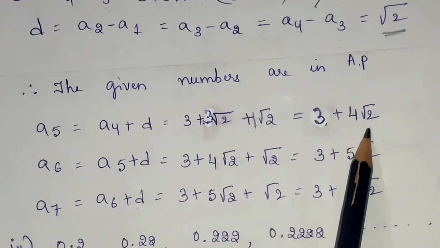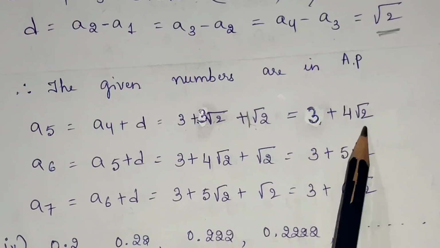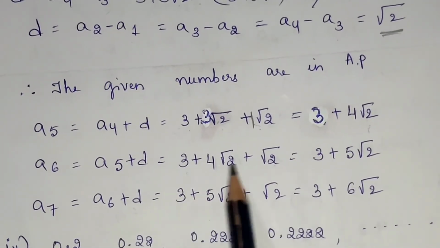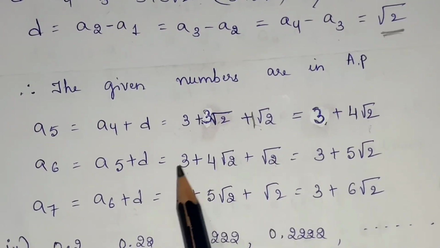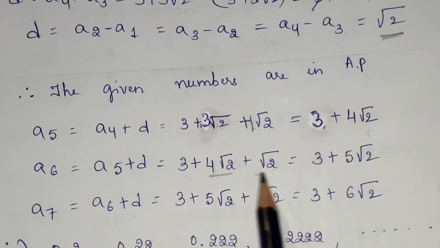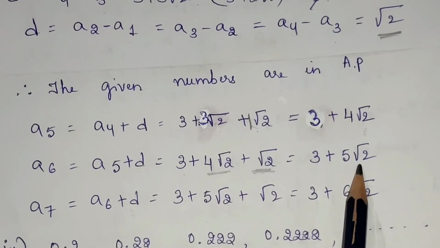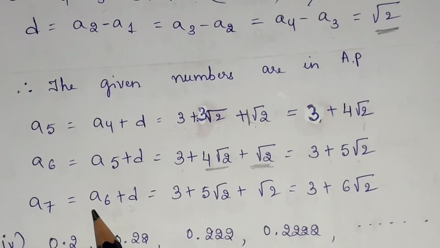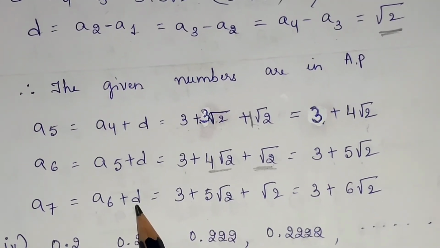That is arithmetic progression. Write the fifth term and add the common difference to it. Again you don't find a whole number, write 3 as it is and add 4 root 2 and 1 root 2, which is 5 root 2. This is the sixth term. Write the sixth term and add the common difference to it.